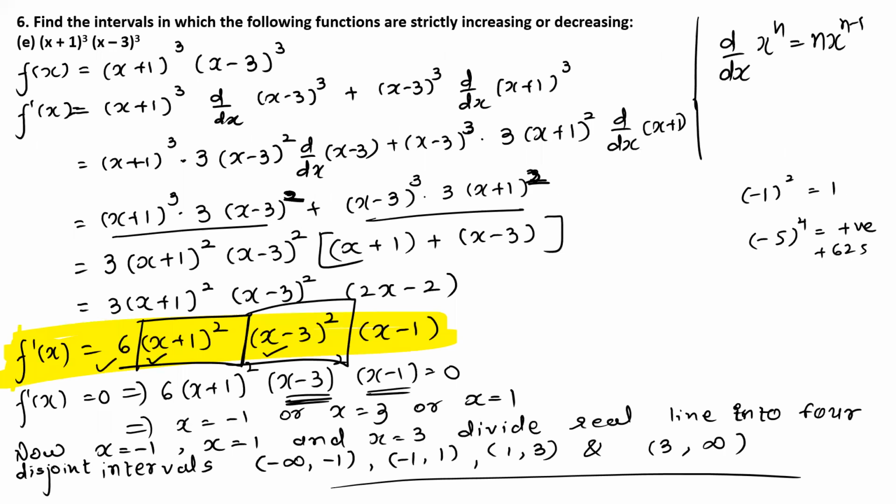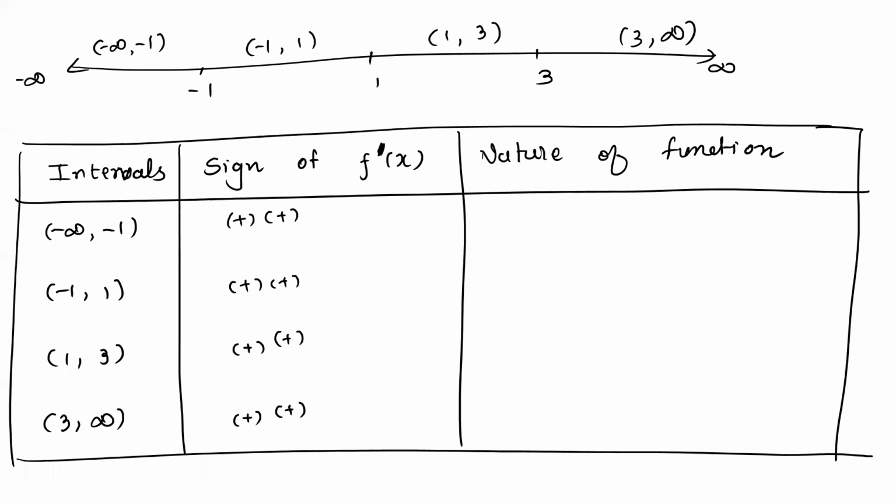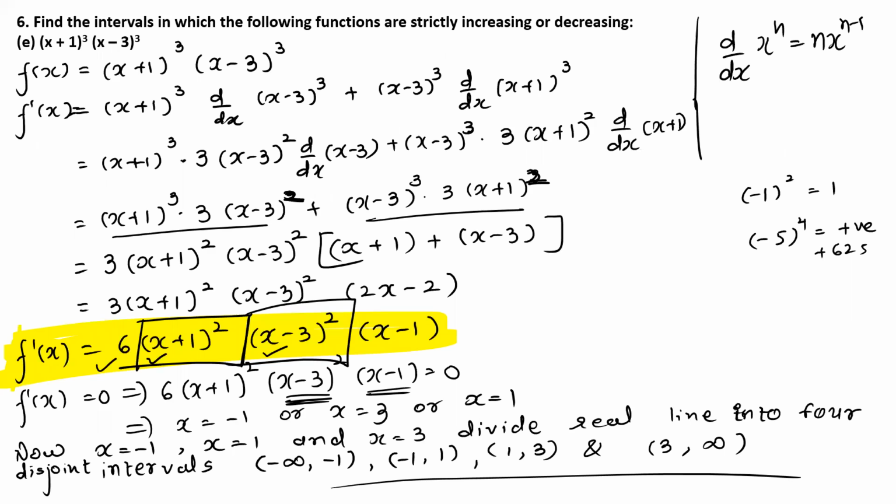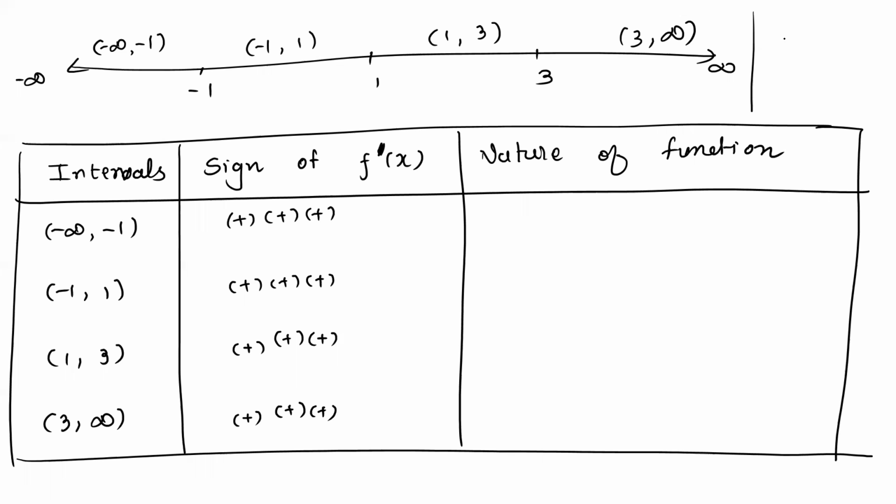Then x minus 3 square, positive. No matter what value you substitute, you'll get positive. That means everything depends on whether the function is increasing or decreasing, and that depends on x minus 1 only. So the matter is of x minus 1.